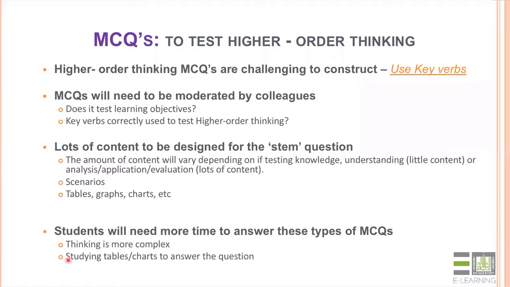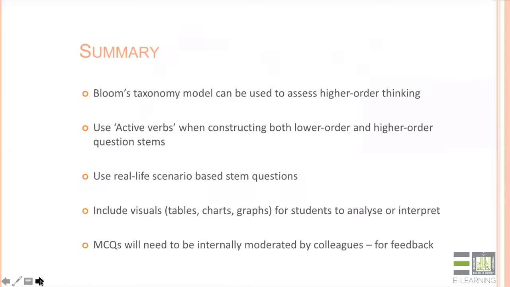So depending on the level, what you're testing, more time will be given if it's quite complex. If it's only testing knowledge or understanding, then you don't need to allocate too much time for that specific question.